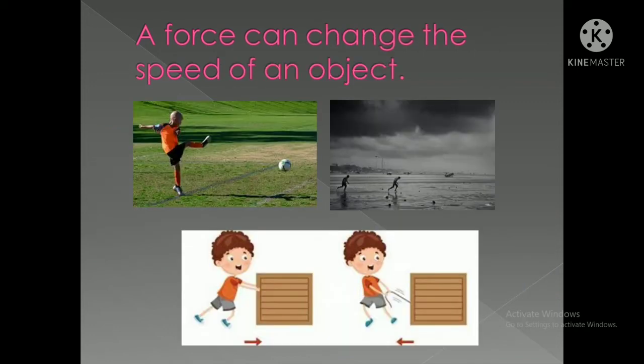Now on the next slide we will talk about how force can change the speed of an object. How can it change? See here. First, one ball came near the boy, and he applied force to the ball at such a speed that the ball has gone far away from him.